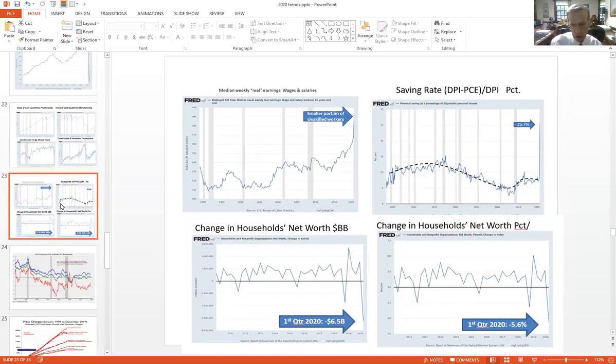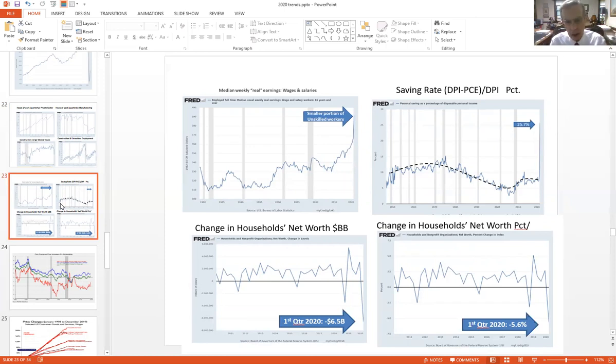With regard to the consumer sector again, here's the chart that I was referring to earlier. We see median weekly earnings or real wages. And it looks like things are just great in the United States. In fact, they aren't.